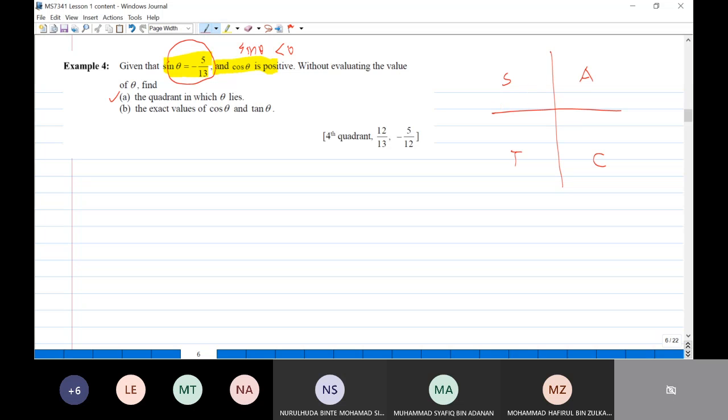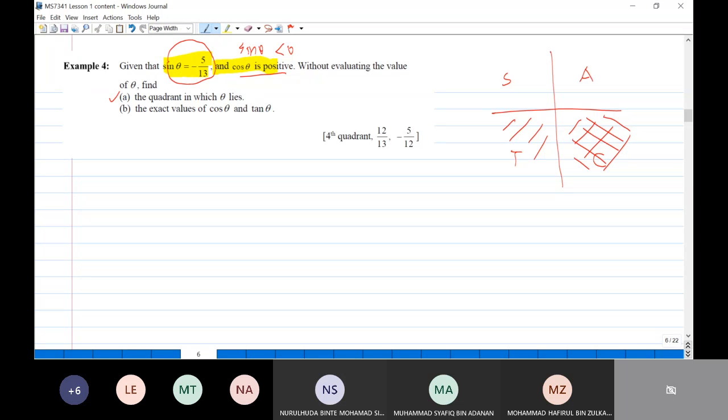So the angle must be in the third or fourth one. In the third, tangent is positive; in the fourth, cosine is positive. Now sine is negative and cosine is also positive, so the angle must be here. Cosine is also positive, so you know the angle.